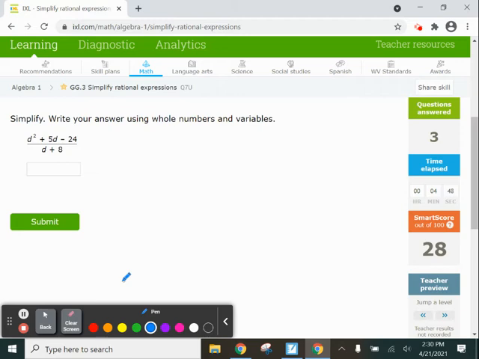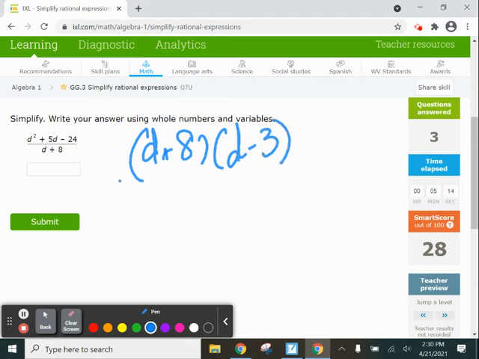So two numbers that multiply to make negative 24, but add to make 5 are going to be positive 8 and negative 3. So on top, you're going to have d plus 8, and then you're going to have d minus 3.